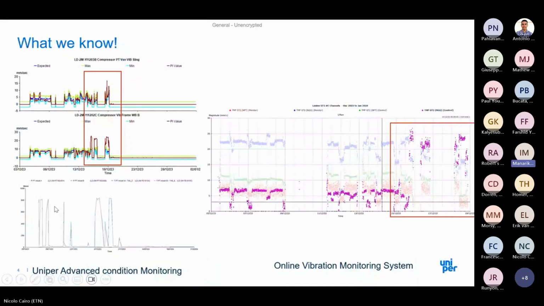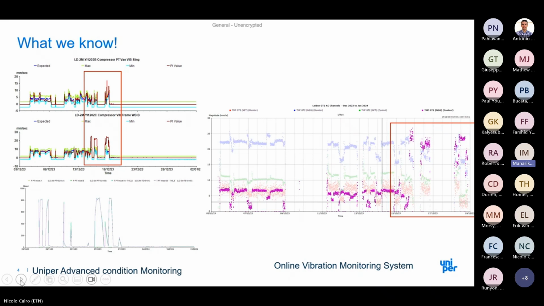Okay, so from the monitoring perspective, this is what we have seen during the event. On the top left, you can see the ACM of Uniper, which is an advanced condition monitoring software that we have used for the last 20 years in Uniper.